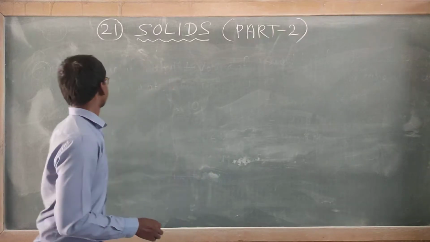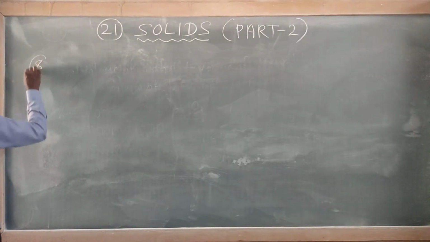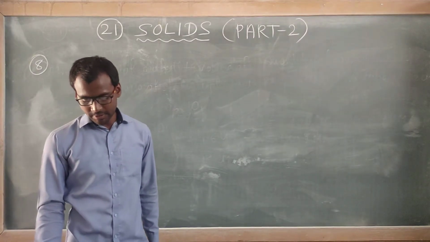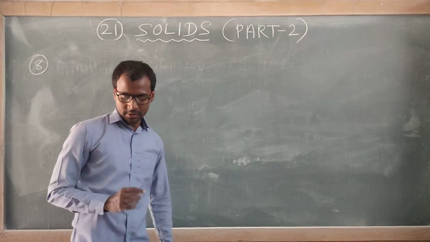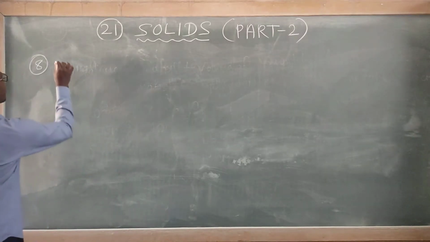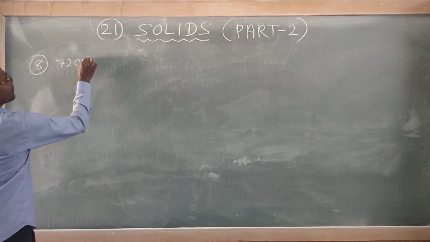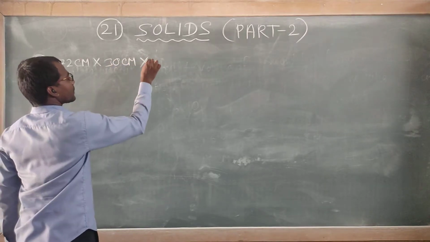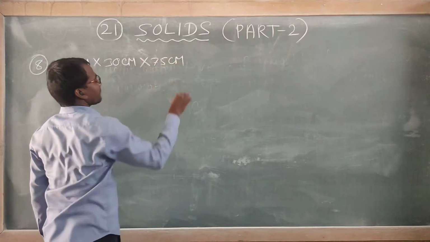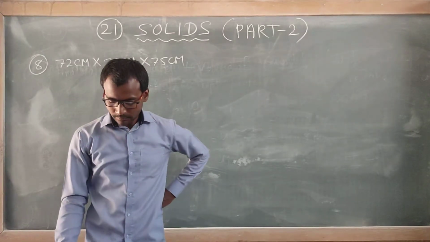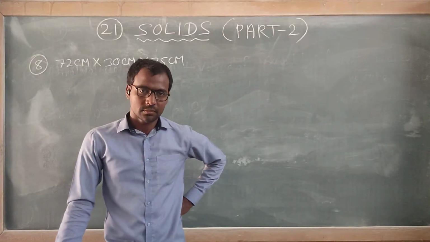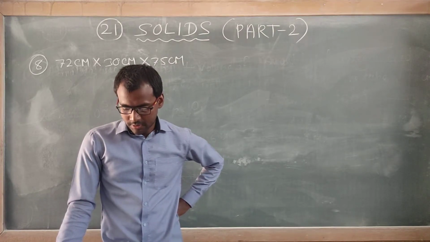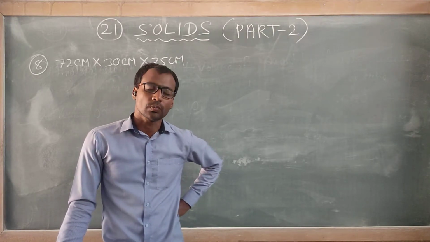Next, question number 8. The dimensions of a solid metallic cuboid are given: 72, 30 and 75. It is melted, converted to liquid, and recast into identical solid metal cubes.